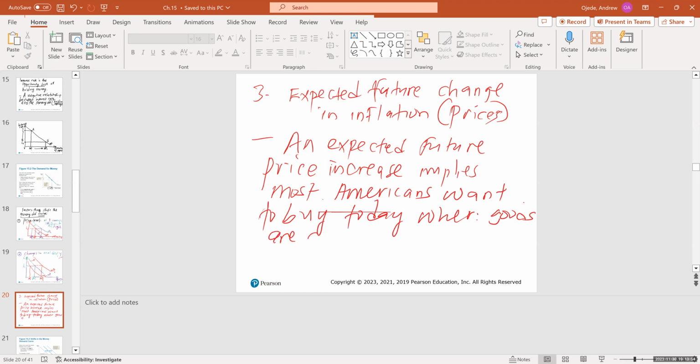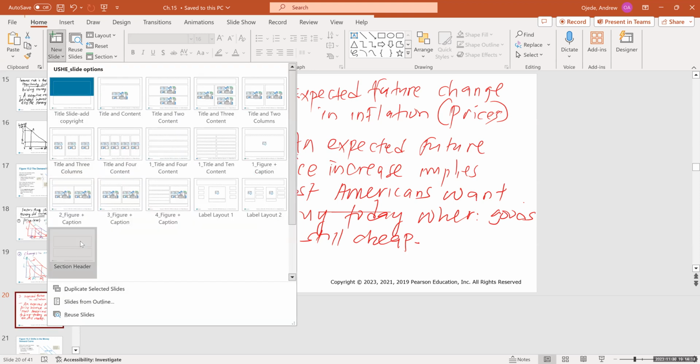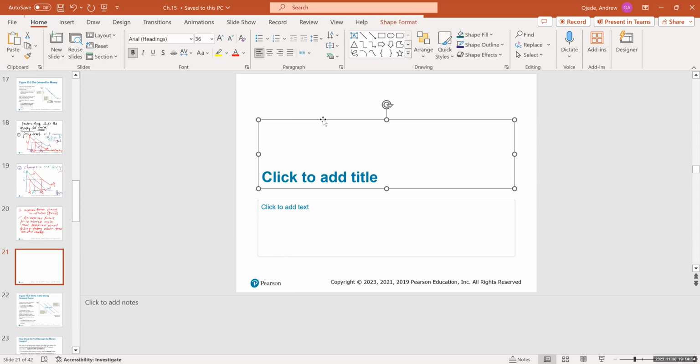If your family was trying to buy electronics or home furniture or a car, but we are expecting that next year's prices are going to be more expensive, the inflation might be coming next year.